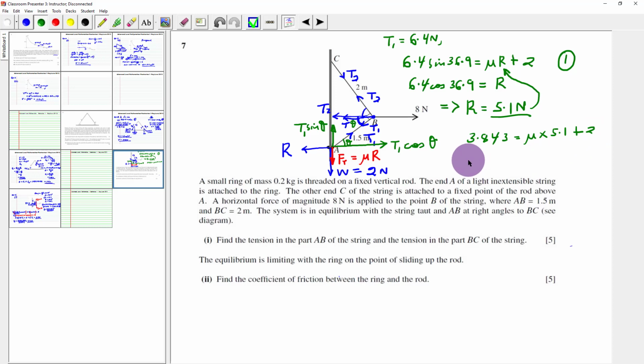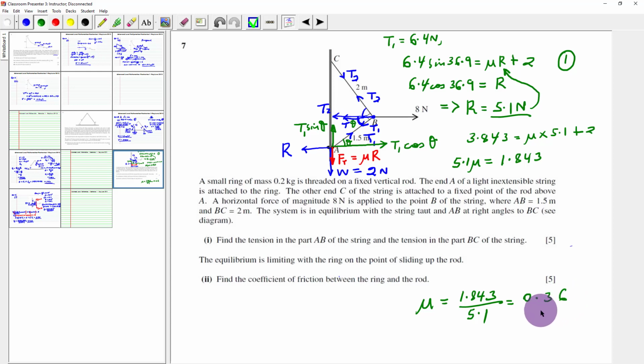We can say that 5.1 mu is equal to, subtracting 2 from both sides, 1.843, and our mu should be equal to 1.843 divided by 5.1, and that gives us 0.3614.